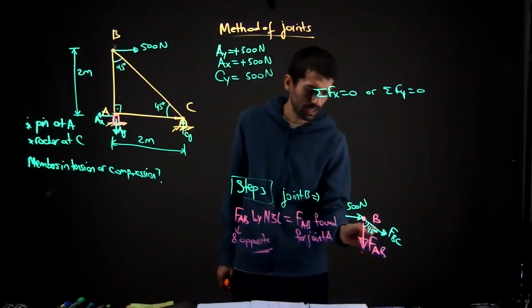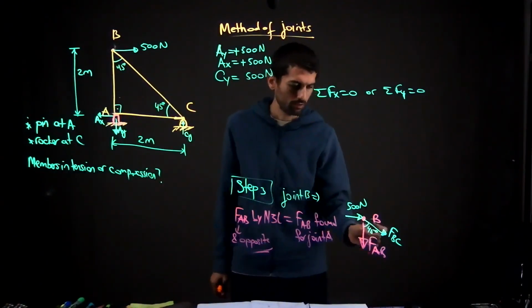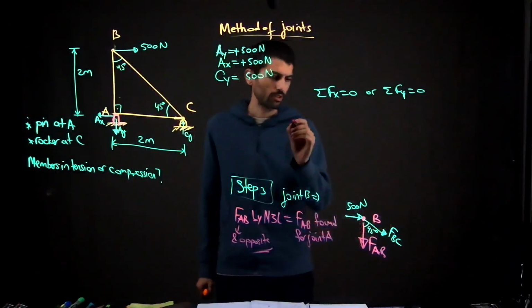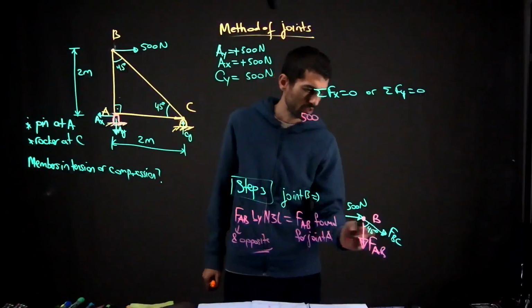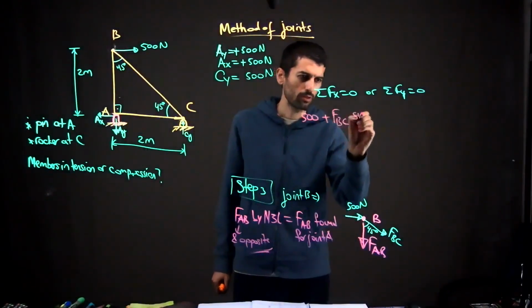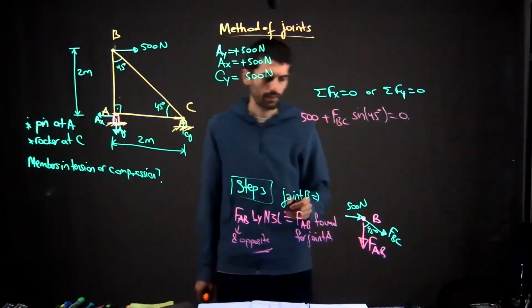Since the angle is 45, it doesn't matter if you use cosine or sine, but for consistency, the x component will be sine. So I will just say 500 newtons, and since this one is also positive, plus F_BC sine 45 is equal to 0.